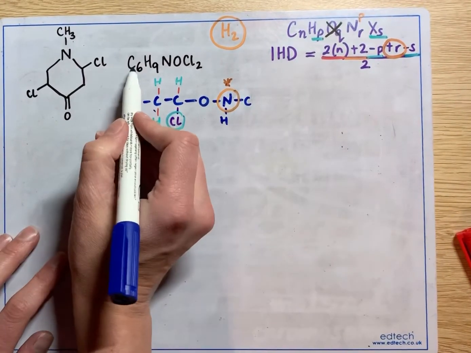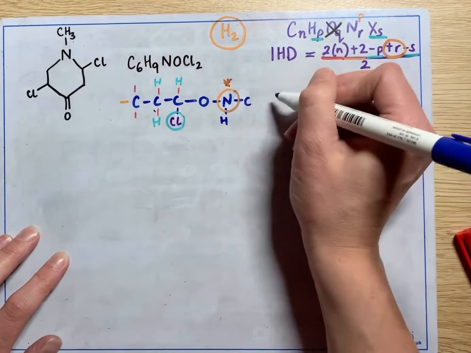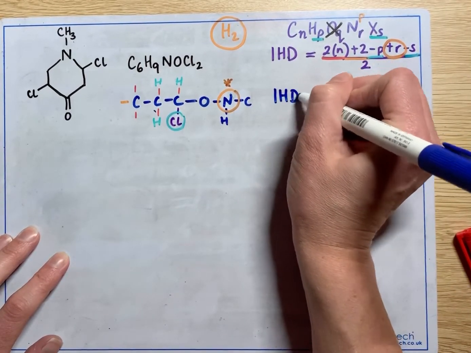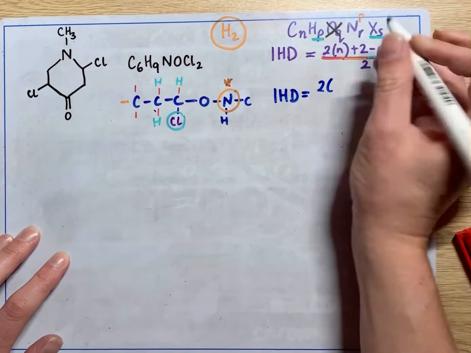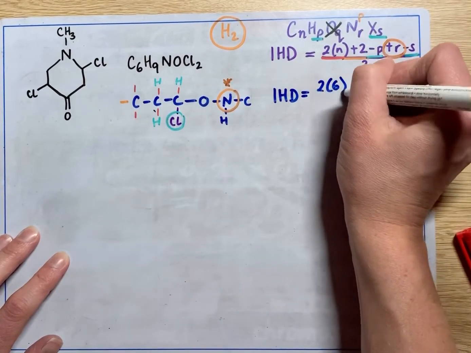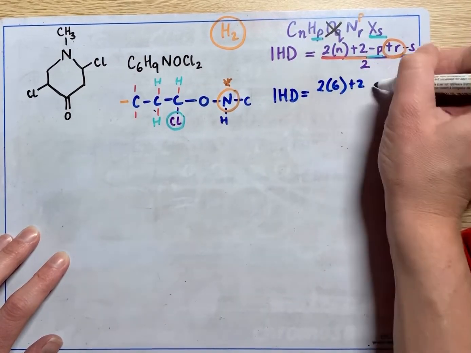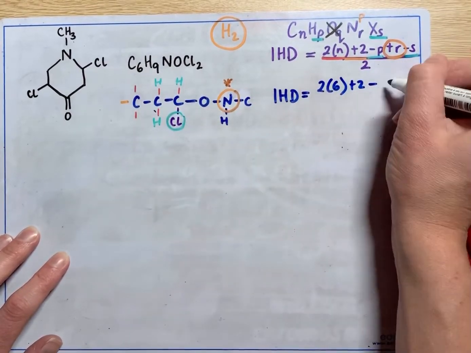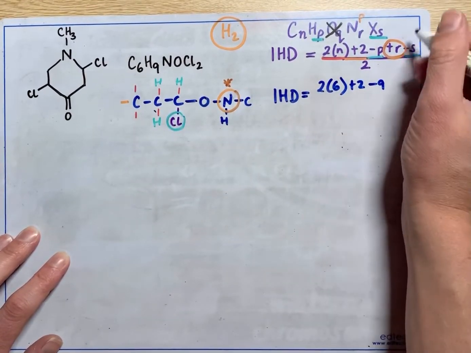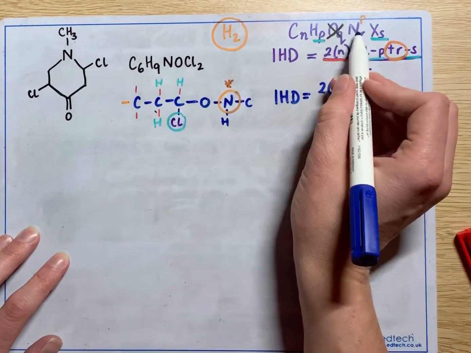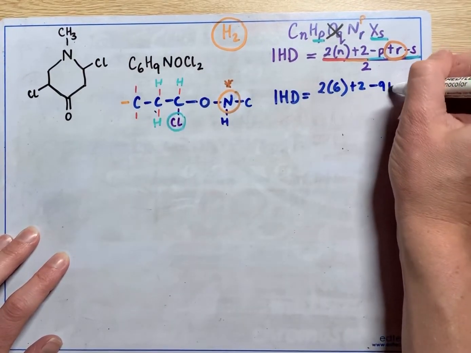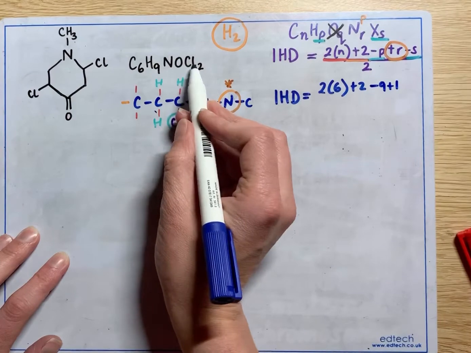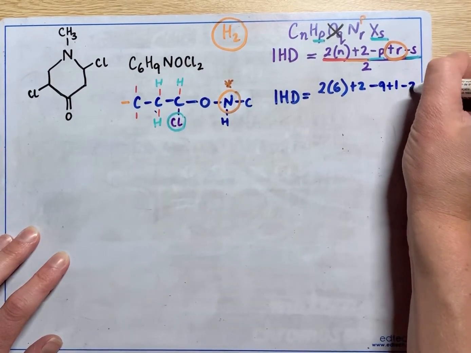So this one here, our formula, our IHD for this, 2 lots of 6 plus 2 minus P, remember, is our existing hydrogens. We have 9. Plus R, so do we have a nitrogen? We do, plus 1. And then subtract our halogens, and we have 2 of those.